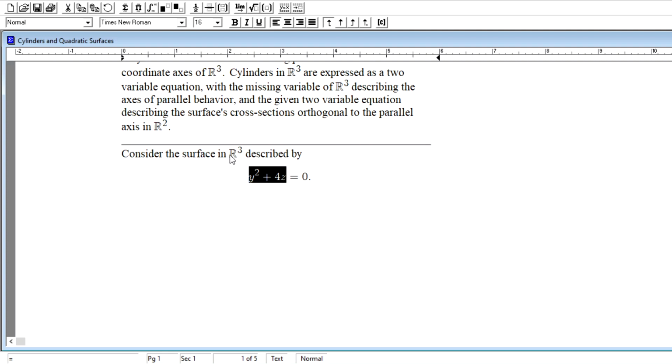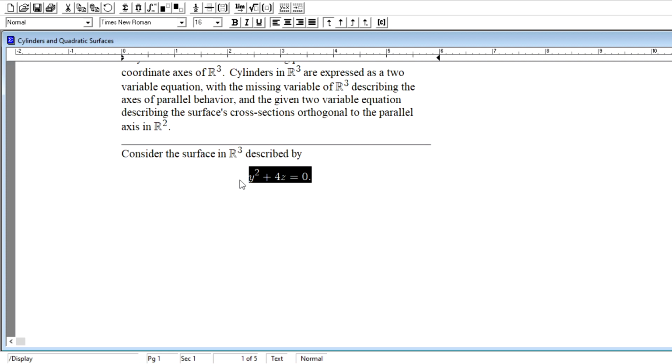If we're looking at a surface in three-dimensional space, we are looking at a description that should involve three variables, where in the case of a cylinder, one of those variables is allowed to be any value it wants to be and have no effect on the relationship. Its value is completely excluded from the relationship seen in the equation.